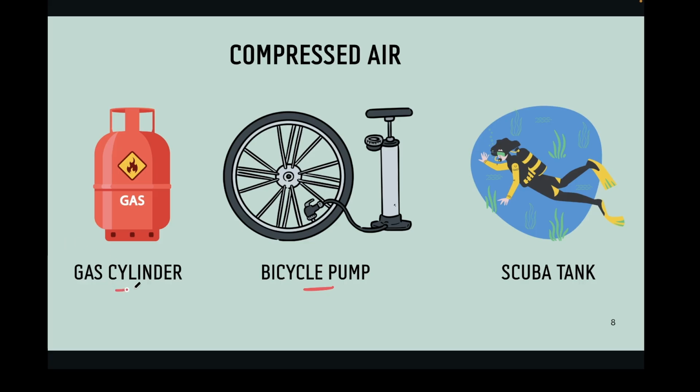Another example is a gas cylinder, where oxygen or LPG is stored under high pressure by compressing a large volume of gas into a small container. In a scuba tank, air is compressed so a diver can carry enough oxygen underwater.